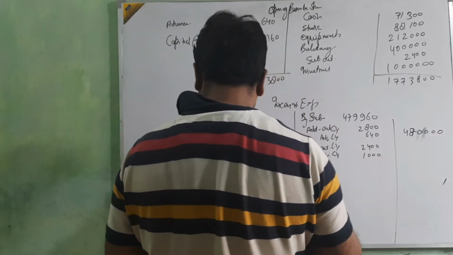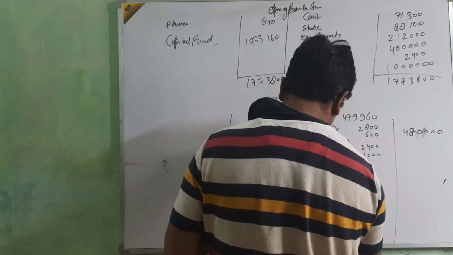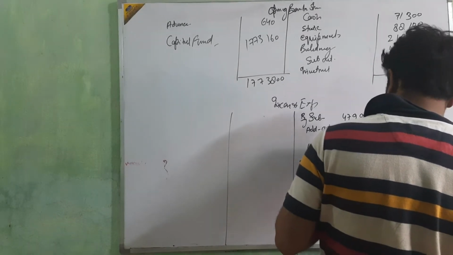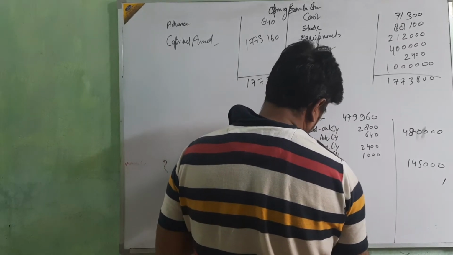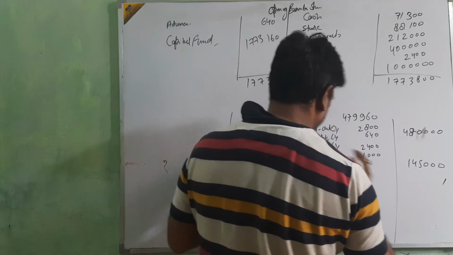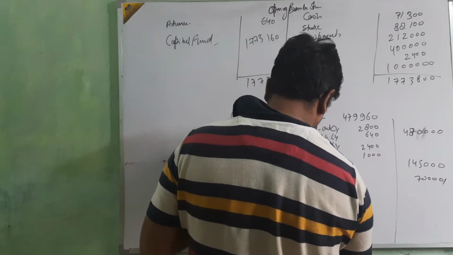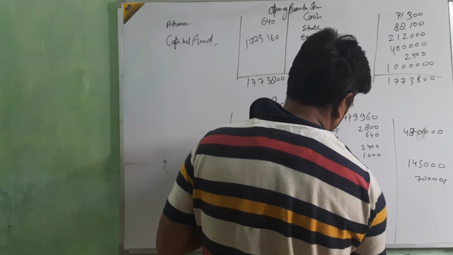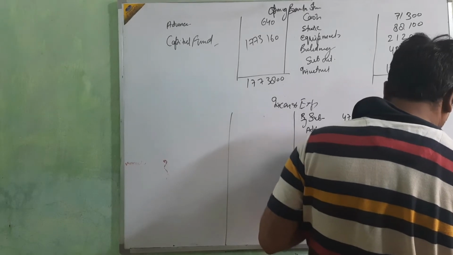That comes to 4,80,000. Then go for the next, and next is the donation, 1,45,000. Then by interest on investment, that amount is 70,000. Then by proceeds from charity show, 1,04,500.